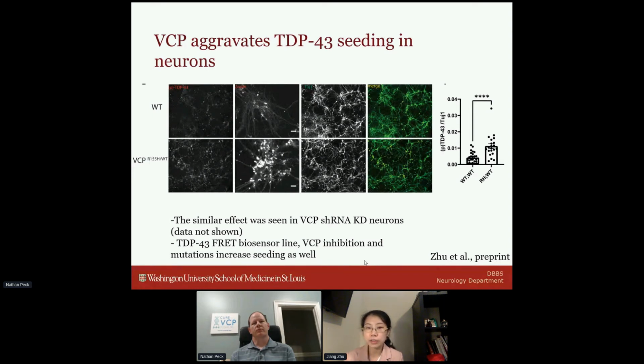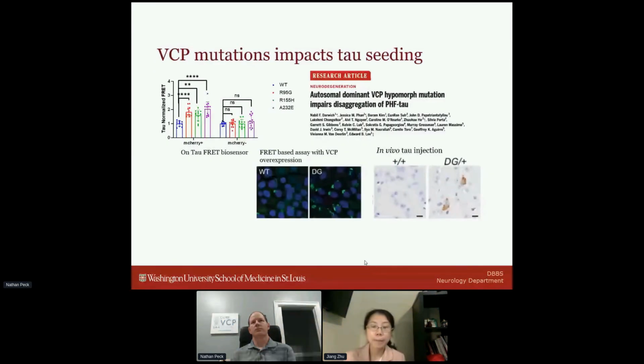And finally, I would like to talk a little bit about the tau seeding. We did some very preliminary data on that. So we overexpress different VCP disease mutations in the tau biosensor line, and we see similar effects as with TDP43 and alpha-synuclein.